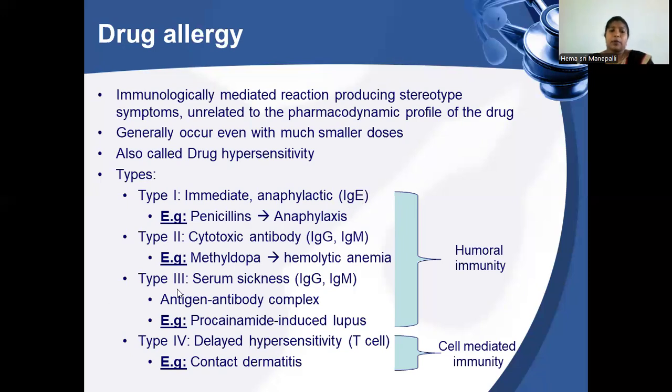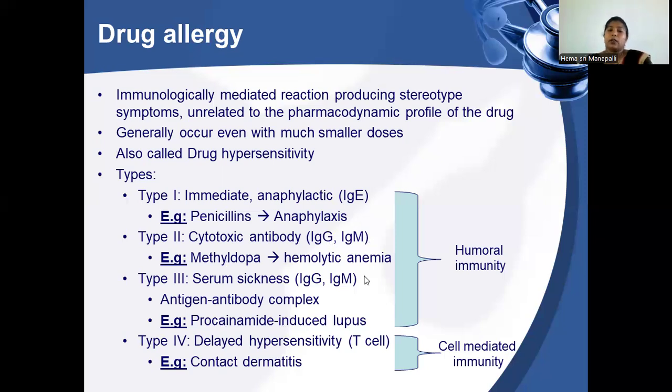Type 1, type 2 and type 3 reactions we call humoral immunity, and type 4 is cell mediated immunity. Type 1 is an anaphylactic reaction. Example, penicillin causes anaphylactic shock. Type 2 is cytotoxic antibody, with immunoglobulins IgG and IgM involved.